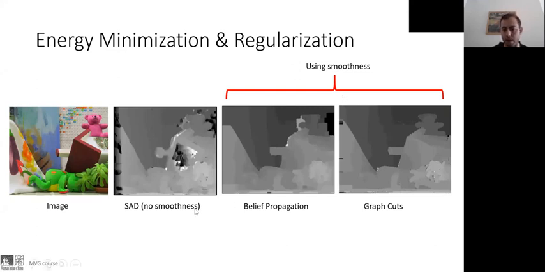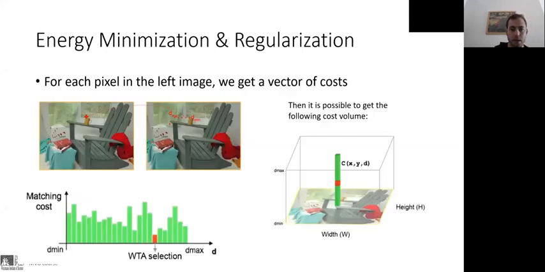So we saw a way to calculate the smoothness to constrain homogeneous regions. One thing that is important to talk about in the context of disparity estimation is the cost volume.